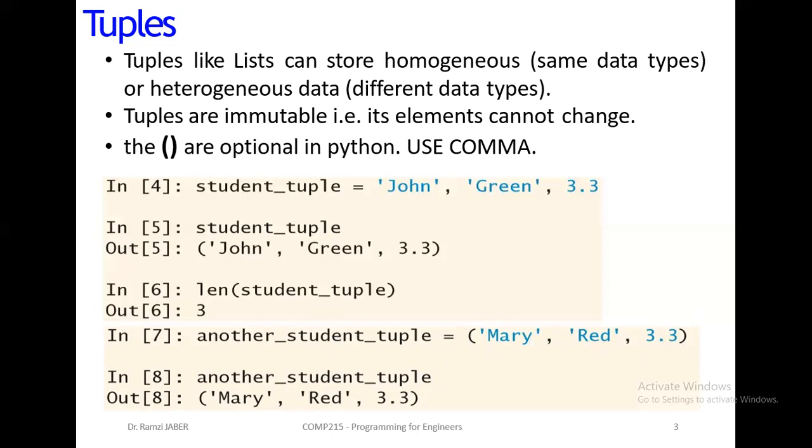Similar to a list, in a tuple the parentheses are optional, but in a list we must put brackets. So the difference between tuple and list: a tuple will be between parentheses, a list will be between brackets. The second difference is that in a tuple we cannot change the data, it's fixed, whereas in a list we can change the data.